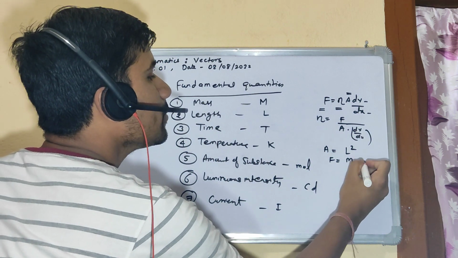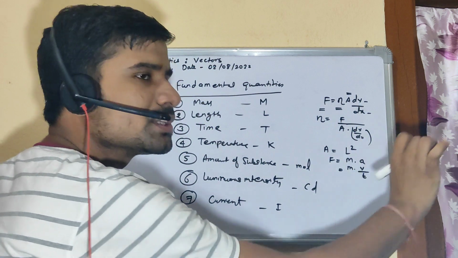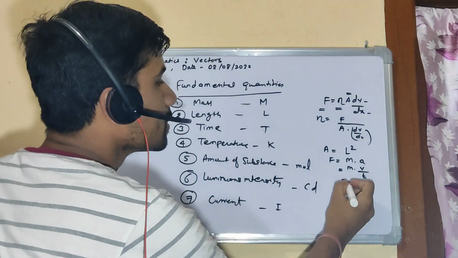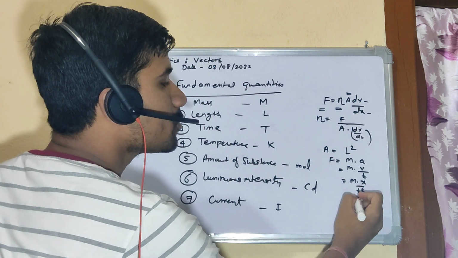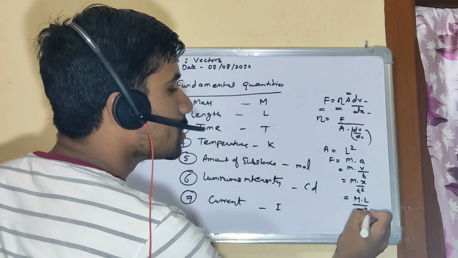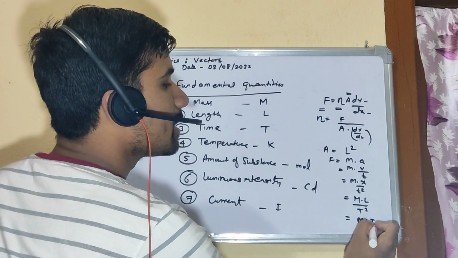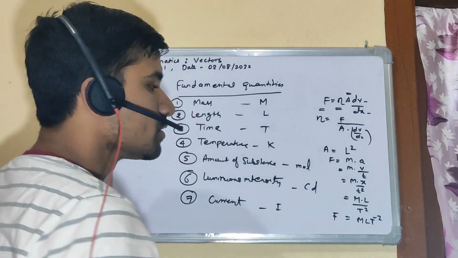Mass into acceleration, mass into velocity by time. Ignore the change in velocity as of now. And velocity was displacement by time. So the dimension of force will be M into distance, which is L, over T square. So I can rearrange it as MLT minus 2, right? This is the dimension for force, right?